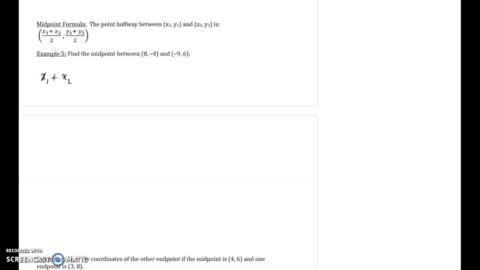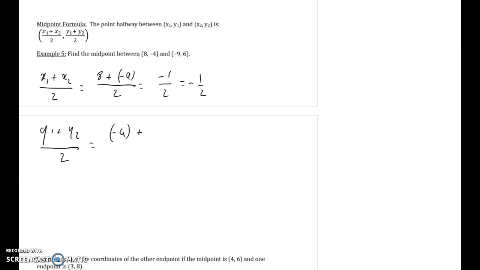For the example number 5, we got x1 plus x2 divided by 2, and that is equal to 8 plus -9 divided by 2, which is -1 divided by 2. y1 plus y2 divided by 2, which is -4 plus 6 divided by 2, which is 2 divided by 2.